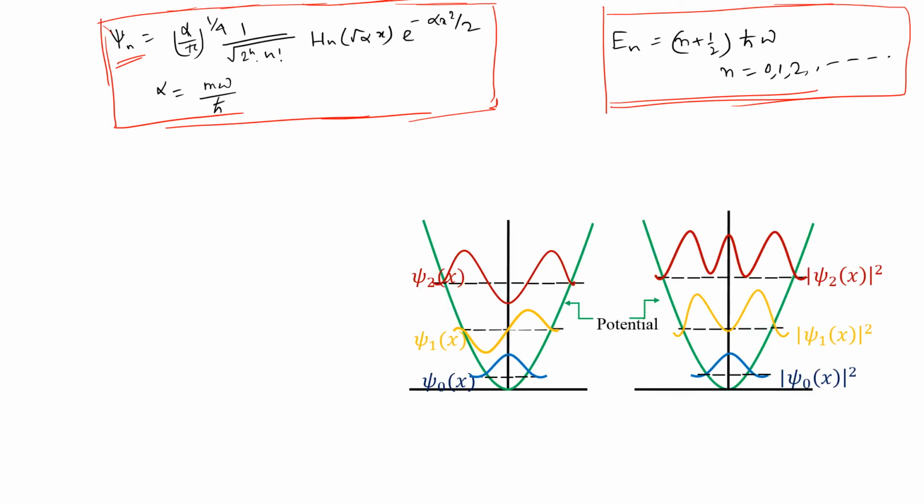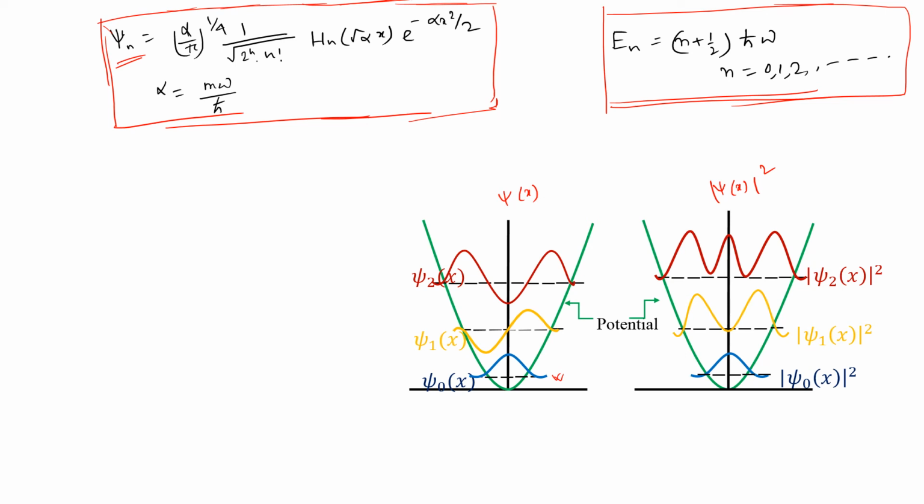So this green line is the potential. This is psi x. The green line indicates the potential, and the blue line is the ground state wave function. And how can we obtain the ground state?